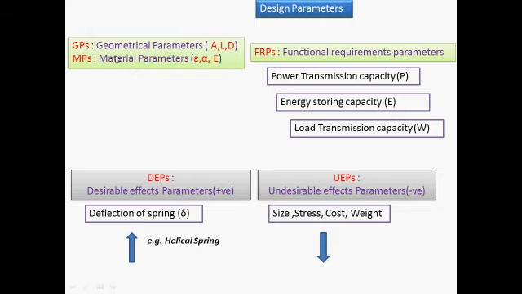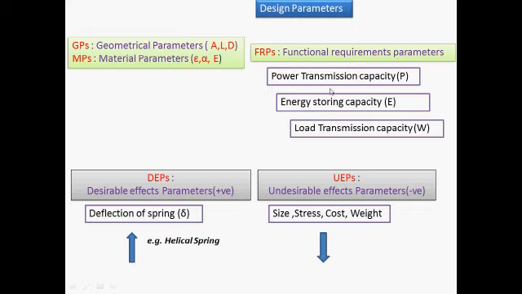Next is geometrical parameters. Geometrical parameters define the shape and size of whatever design component or part. These geometrical parameters are dependent on the other two, that is material parameters and functional requirement parameters.